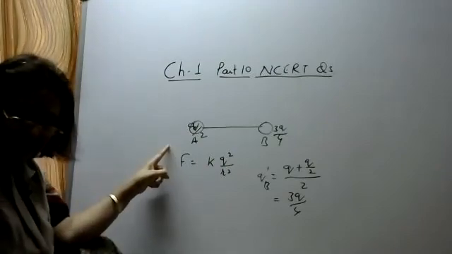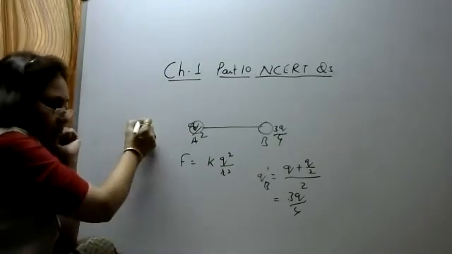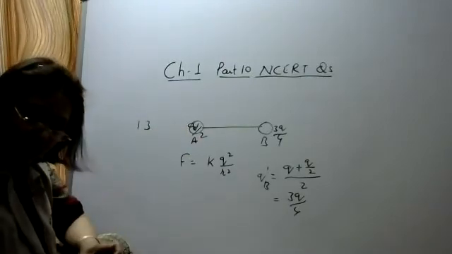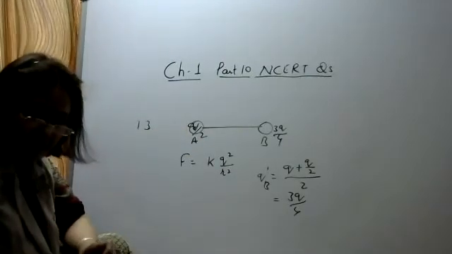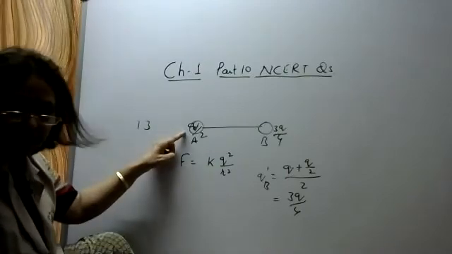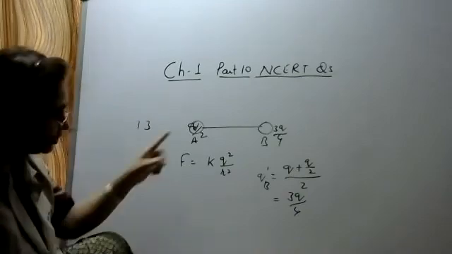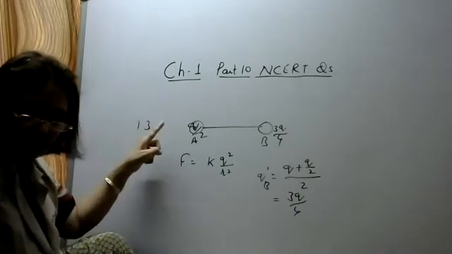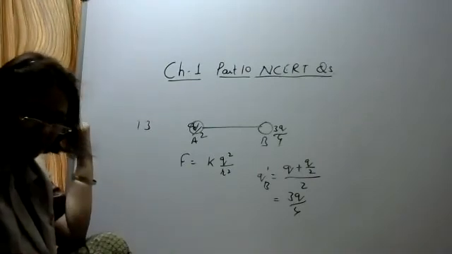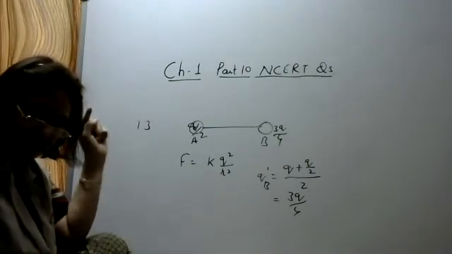So once again I repeat it. In question number 13, there were two charges A and B, both having the same charge Q. Now another uncharged sphere is brought in contact with A. We know that the charges are shared. Now on A, Q by 2 will remain. On C, how much is there? Q by 2, because A was charged and C was uncharged.